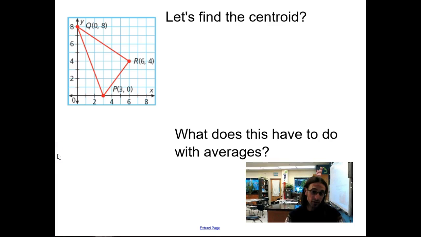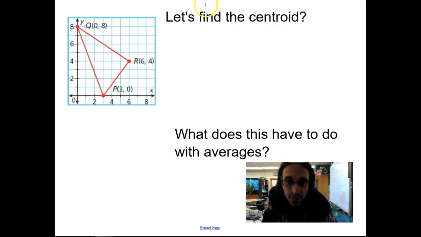So what does that look like? You want to try to find a centroid? Let's do it. First of all, let's find midpoints here. And I'm going to go to the board so we can do this a little bit easier. So when I look at this segment here, QP from 0, 8 to 3, 0, what I really want to do is find the point right in the middle.